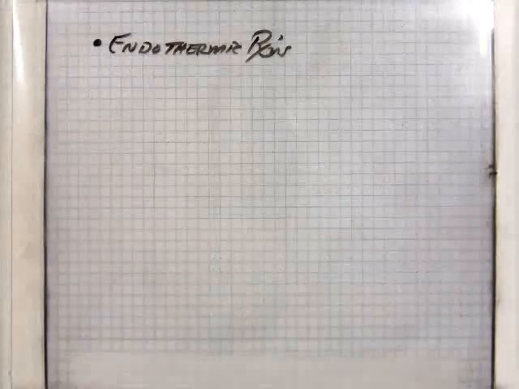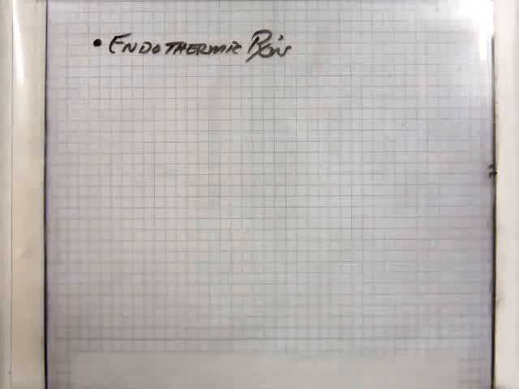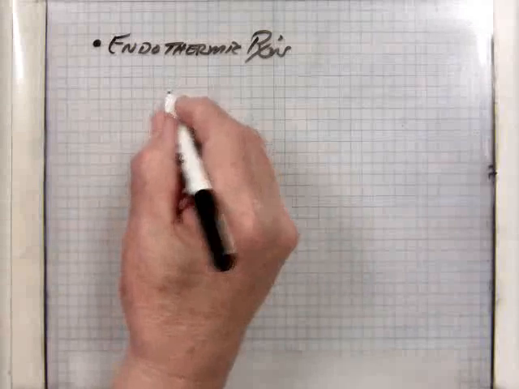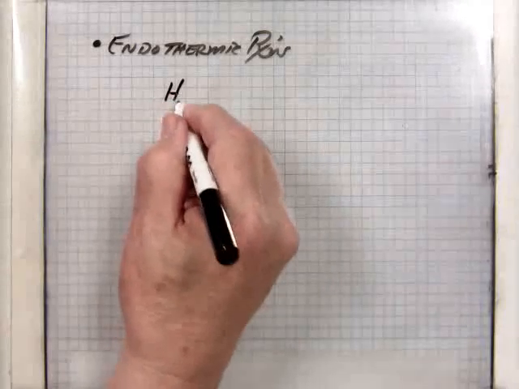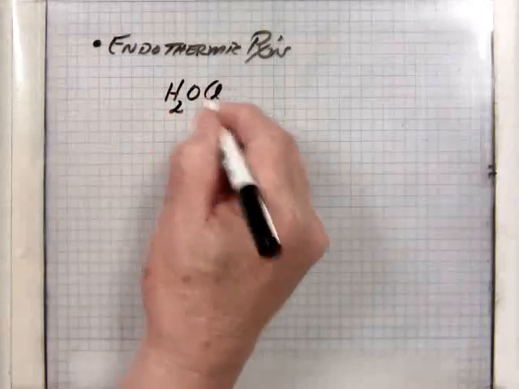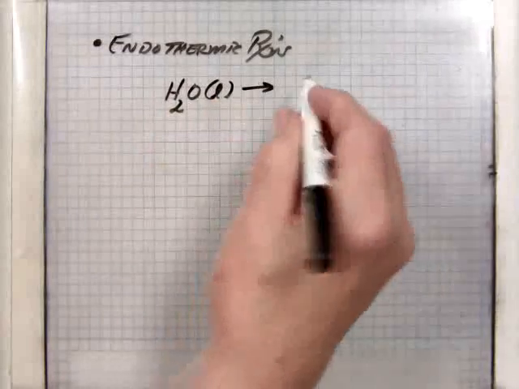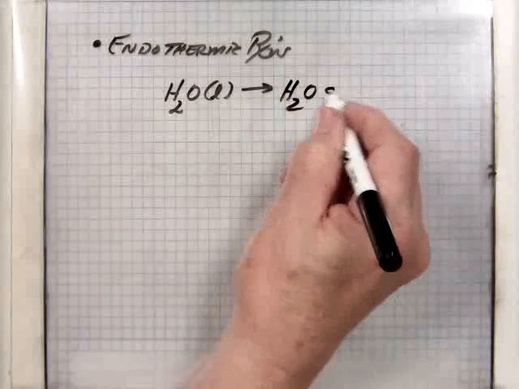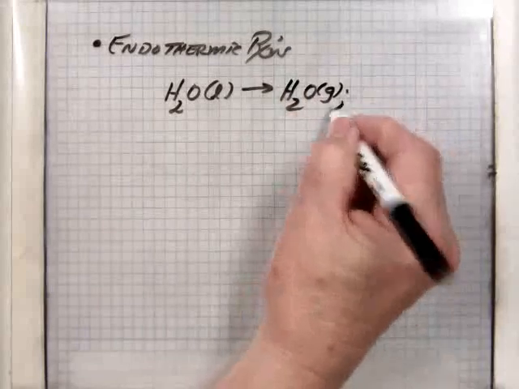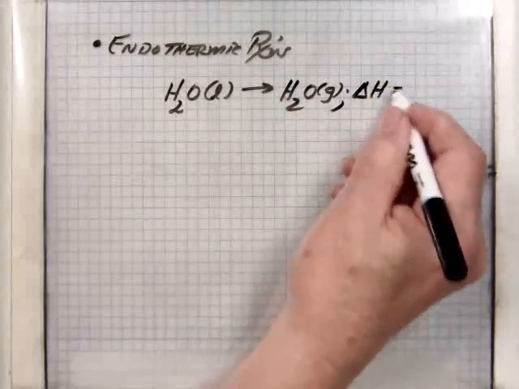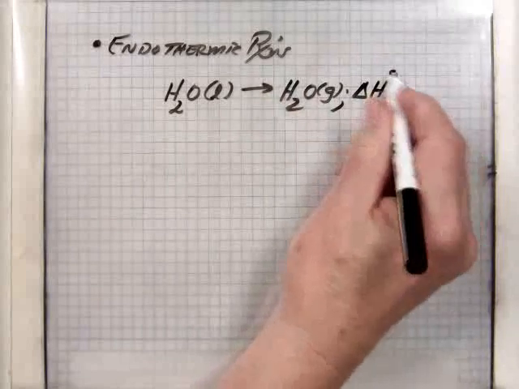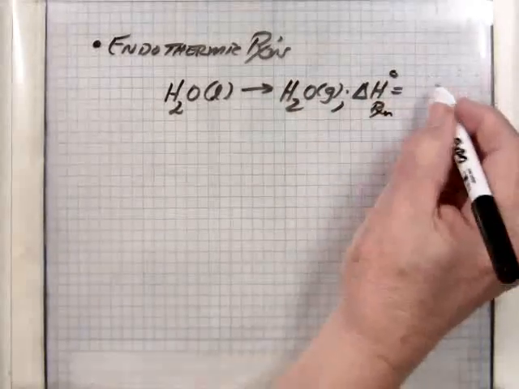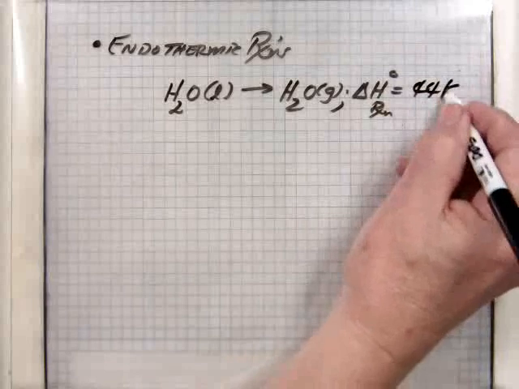So now, an endothermic reaction is a reaction that's absorbing energy, and one example is evaporation. If we take water in the liquid form going to water in the gas form, water vapor, then you can write delta H of reaction is equal to 44 kilojoules.